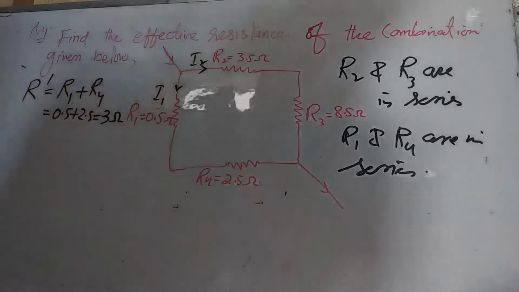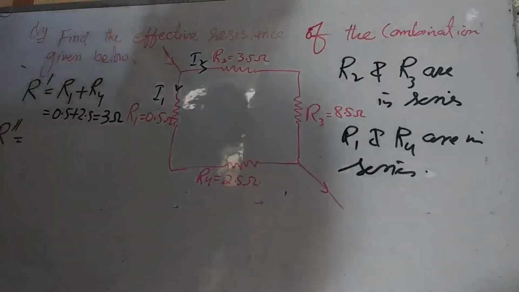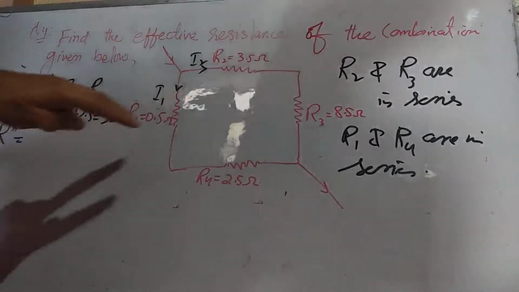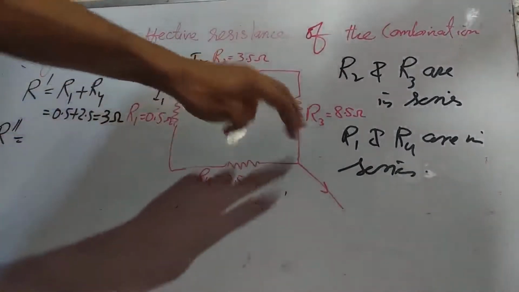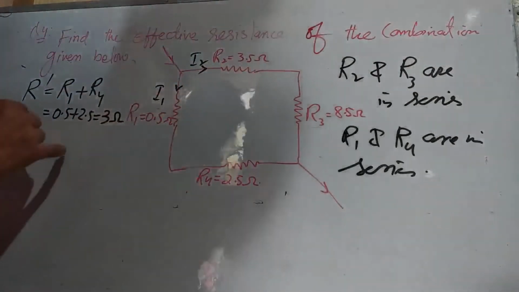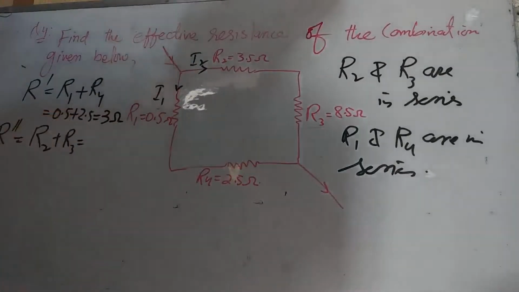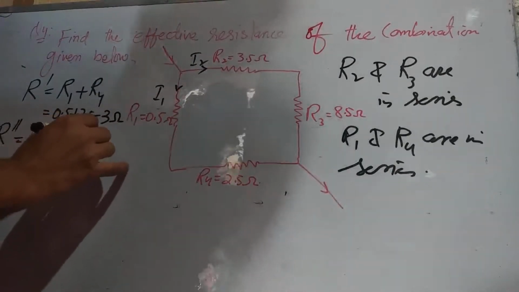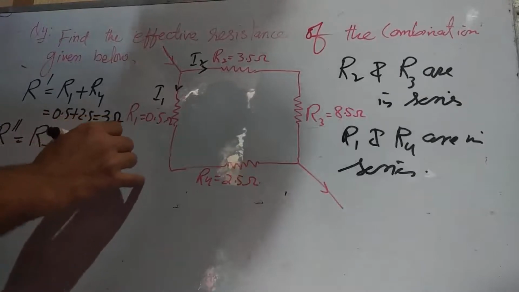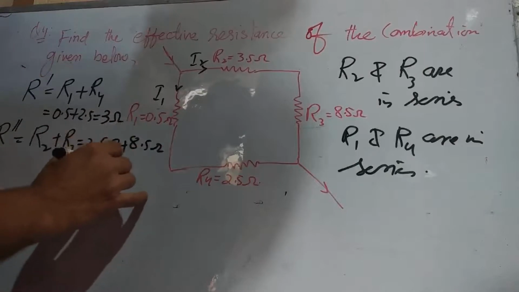And R double dash is the net effective resistance of R2 and R3. They are connected in series, therefore R double dash is equal to R2 plus R3, which is 3.5 ohm plus 8.5 ohm, equal to 12 ohm.